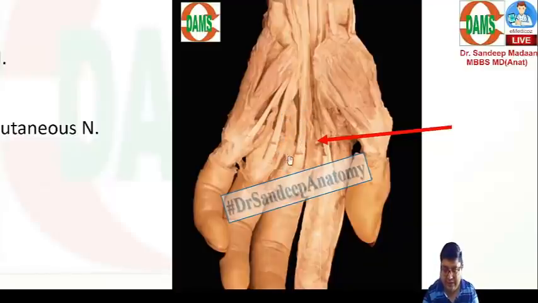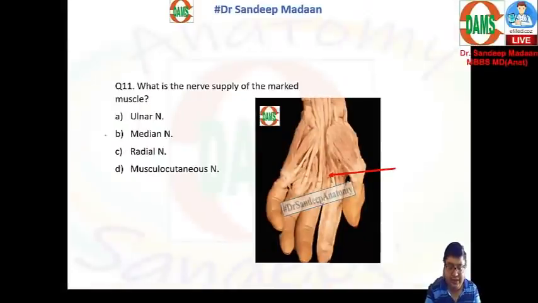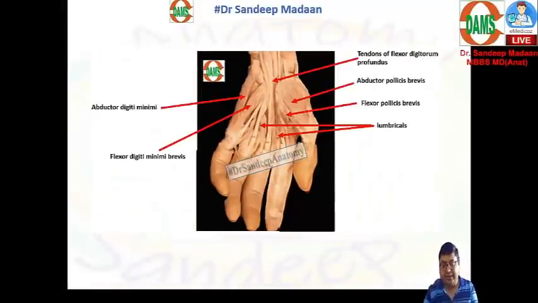You can see the cut part of the flexor digitorum superficialis, and you can see the flexor digitorum profundus tendon. From this flexor digitorum profundus tendon these lumbricals are taking origin. So the obvious answer to this question will be the median nerve because it is the second lumbrical which has been marked. Okay, so now this is what we have already discussed.